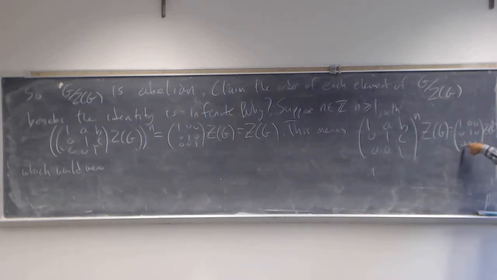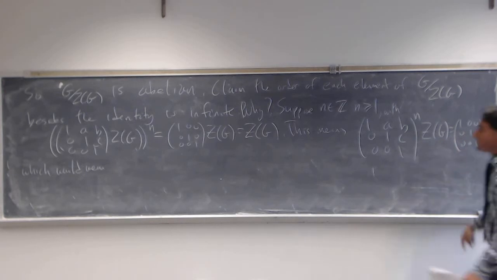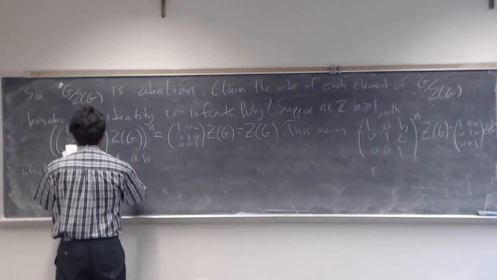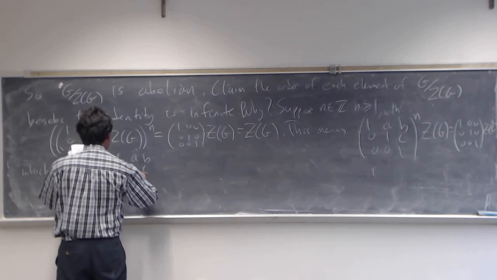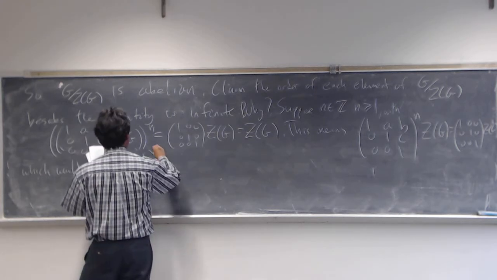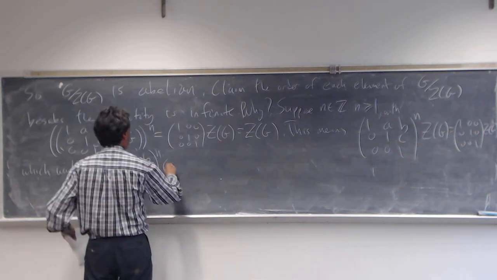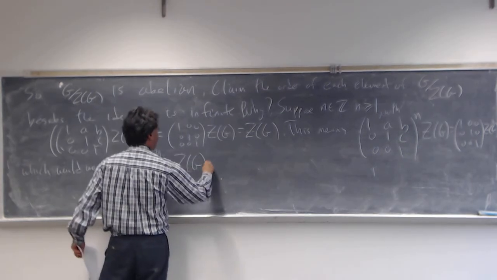If something is equal to the identity coset, that means this element, this representative, has to be in the center. Which would mean if we raise this to the n, this would have to be in Z of G.